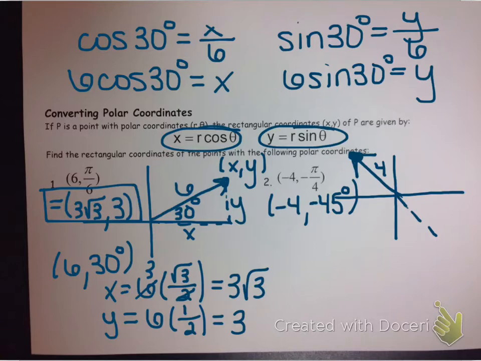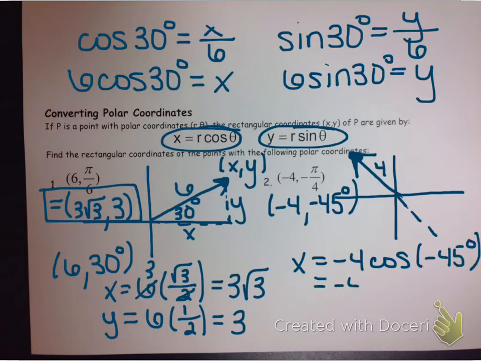And there's not a lot of trig. I mean, we're talking unit circle values and right triangle trig. So if I use my formulas, the x-coordinate at this point out here would simply be r, which was negative 4, times cosine of the angle, which was negative 45 degrees.